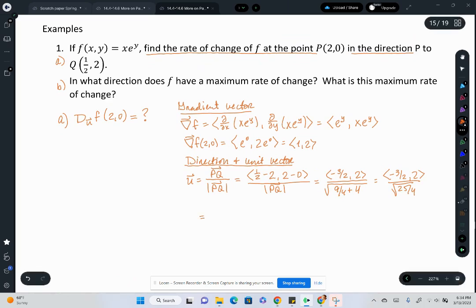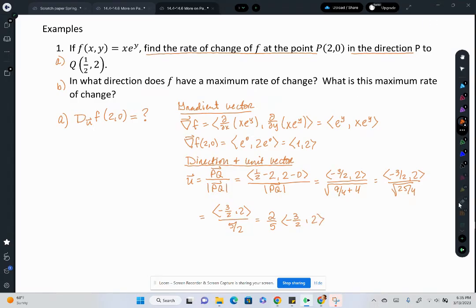So this is going to equal (-3/2, 2) over 5/2. Rather than dividing by a fraction and leaving it that way, we should flip the fraction and multiply. So this becomes 2/5 times the vector (-3/2, 2). Okay, that is our unit vector.